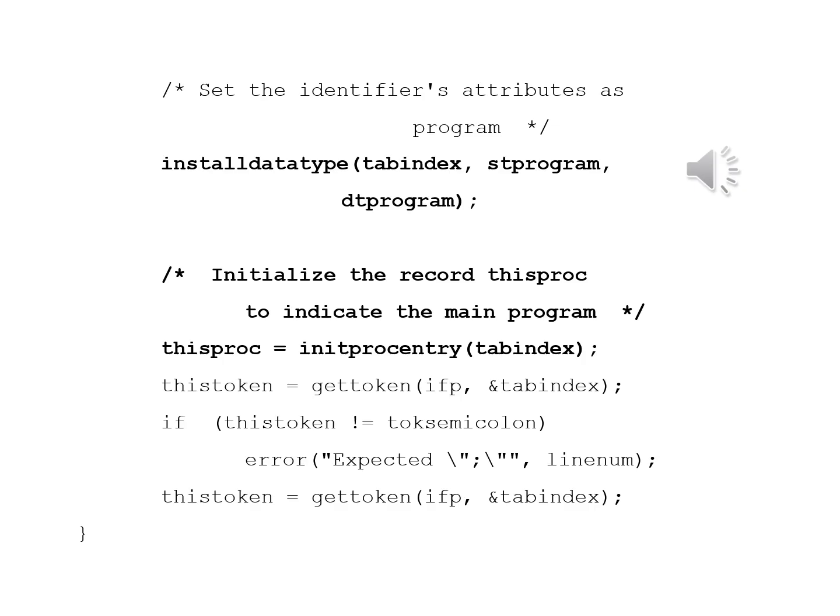We have tab index, which is going to give us the index in the attribute table for the name of the program. We'll set its semantic type as program and its data type as program. Below this, we will now initialize the record for this particular procedure, indicating the main program, so we know that any variables here belong to the scope of the main program.